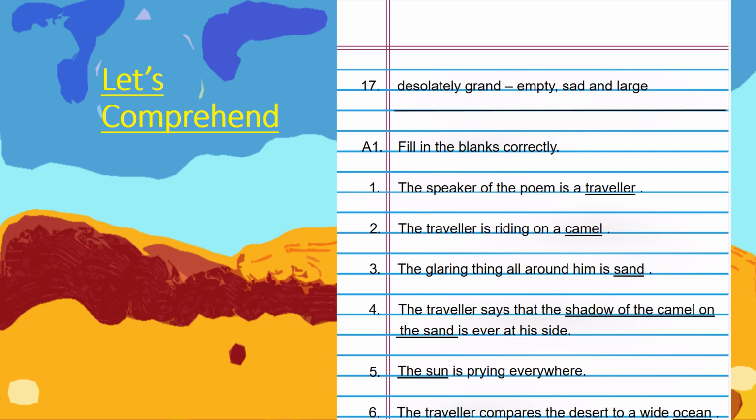Number 17, desolately grand: empty, sad and large.